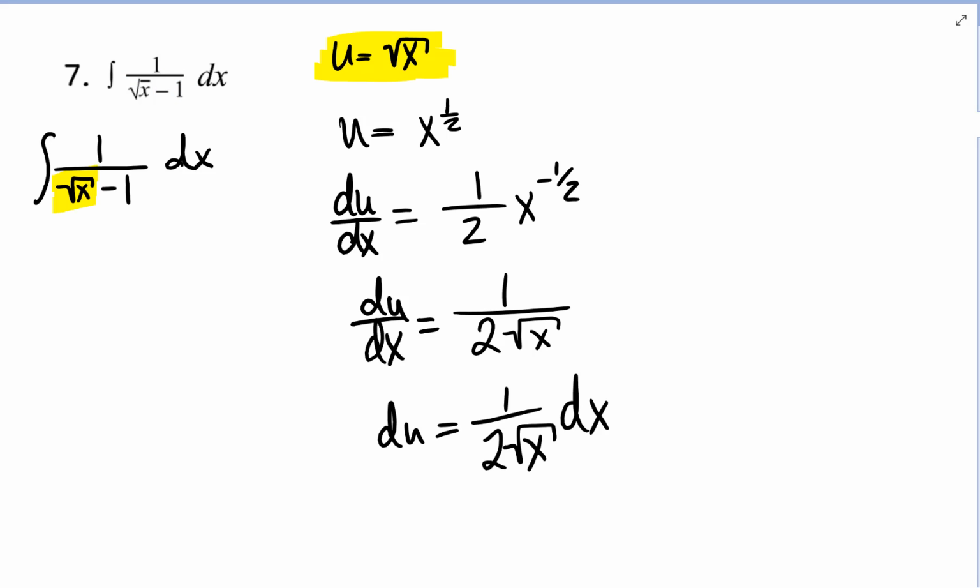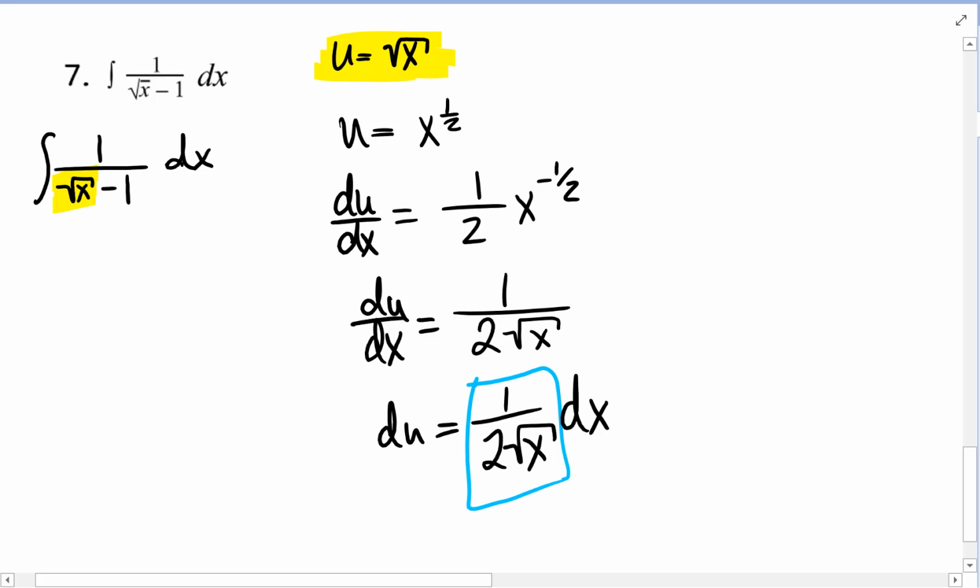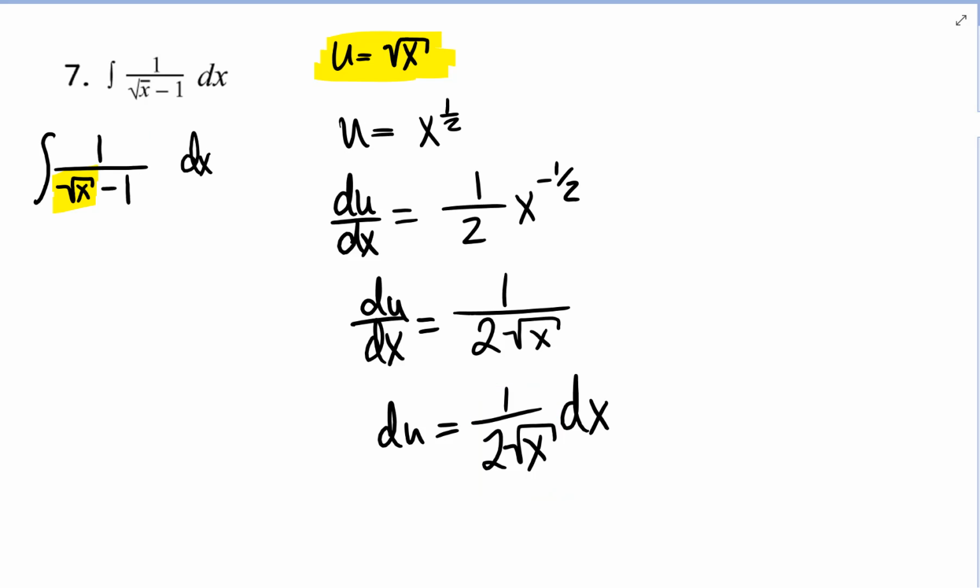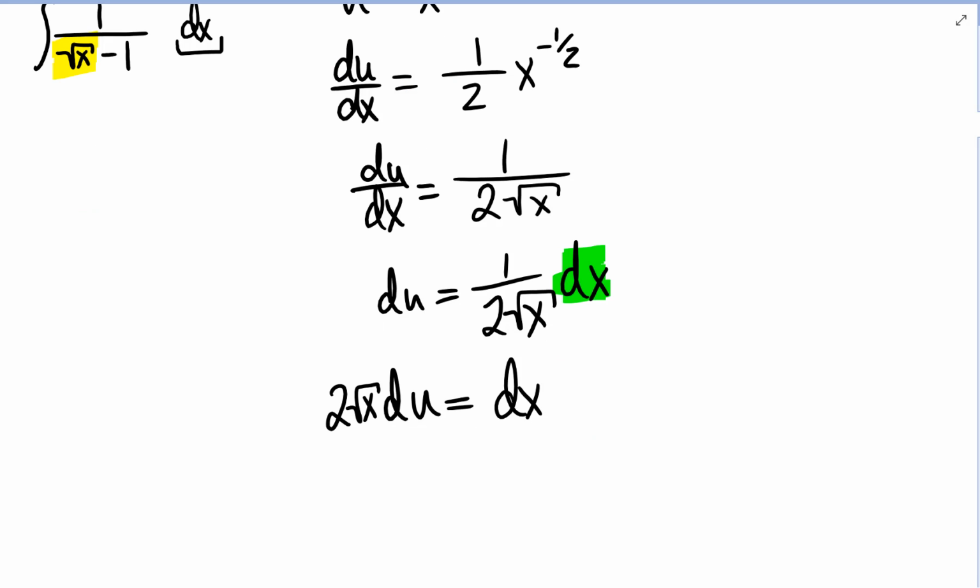But there's a problem because dx comes attached to this 1 over 2 root x, and 1 over 2 root x is not in our integrand. All I have is a dx. So what if I try to get dx by itself? That would make dx equal to 2 root x times du.